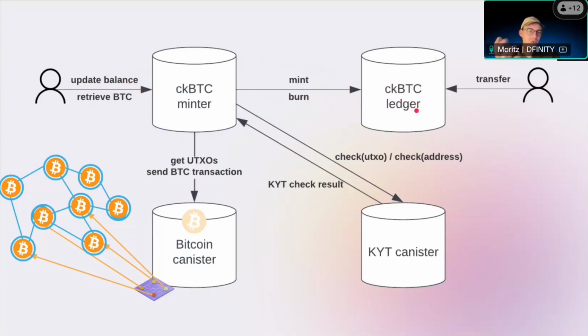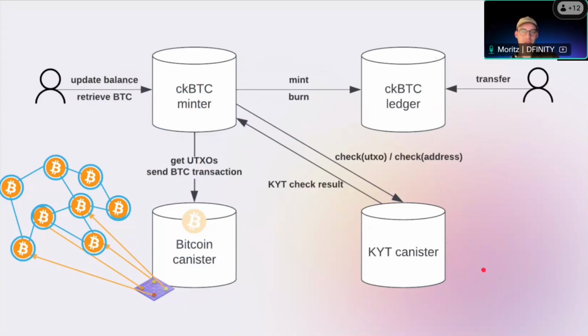This is used on the internet computer network to record the balances and facilitate CKBTC transactions and other things that you would expect from a ledger. Then we have the Bitcoin canister. We know that one already because we talked about it in the previous slides. And this Bitcoin canister is used by the CKBTC minter to get UTXOs and also to send transactions.